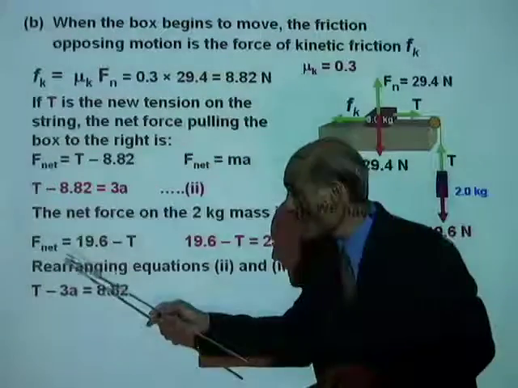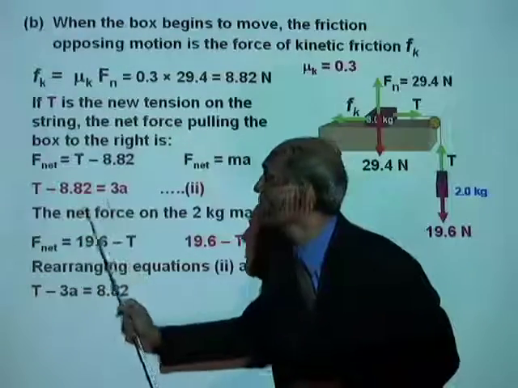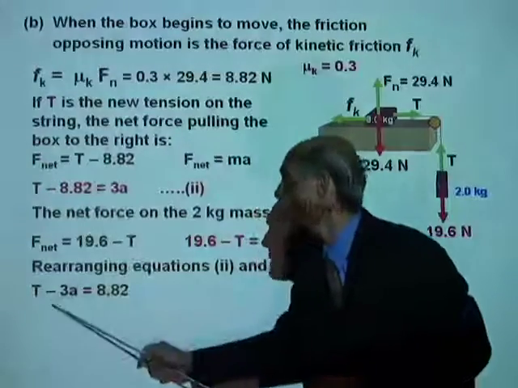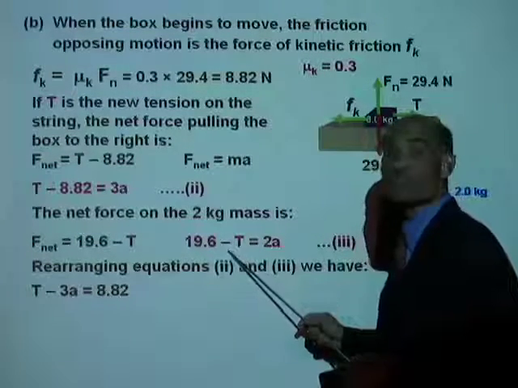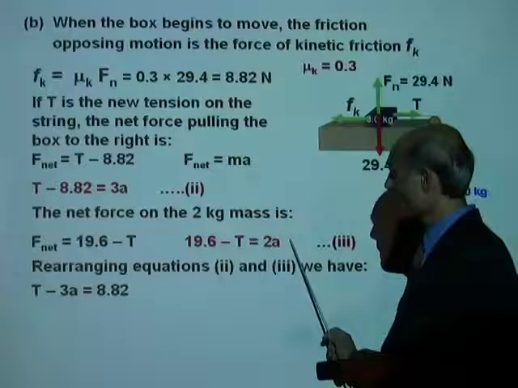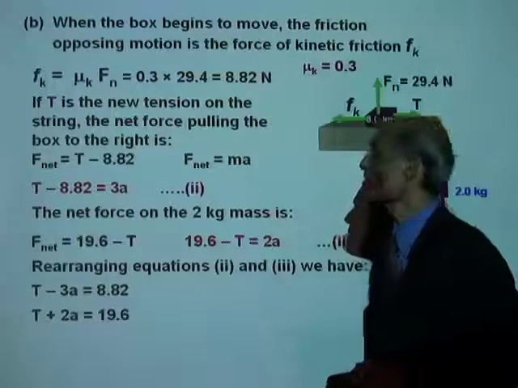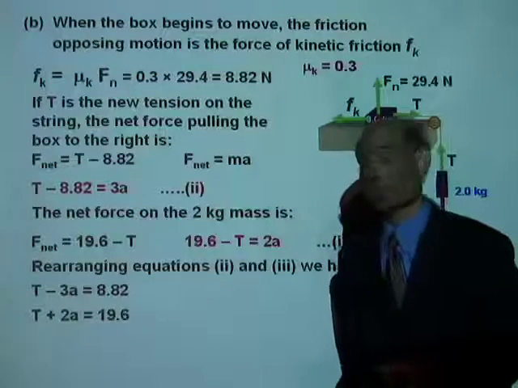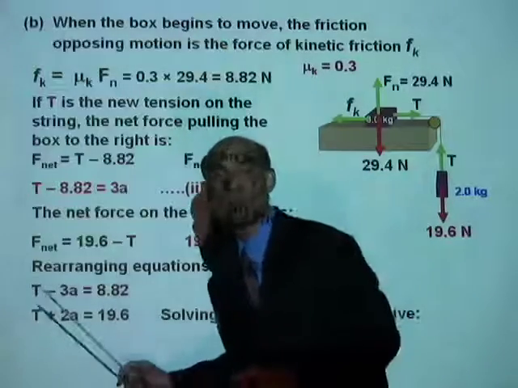Well, let's go this way. Rearrange equation 1: T minus 3a equals 8.82. And when you rearrange the other equation, taking the negative 2a to the right side, it becomes T plus 2a equals 19.6. And you can solve these two equations without any trouble.